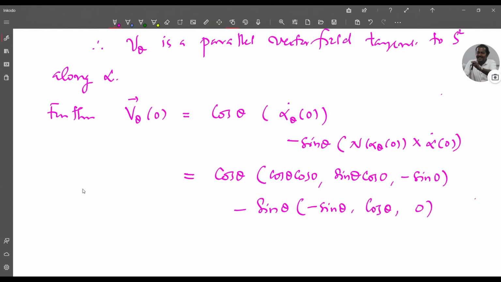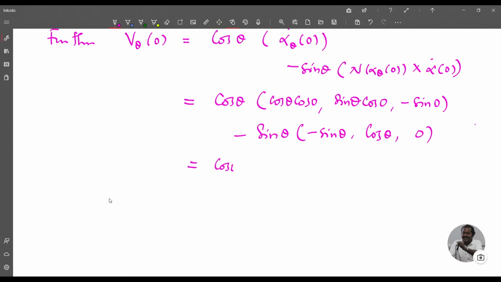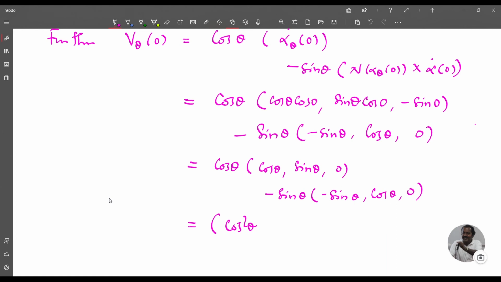So this is equal to cos theta, sin theta, minus sin 0, so that is 0, minus sin theta into minus sin theta, cos theta, 0. So we are getting this as cos square theta, cos theta sin theta, 0, plus sin square theta, minus cos theta sin theta, 0.